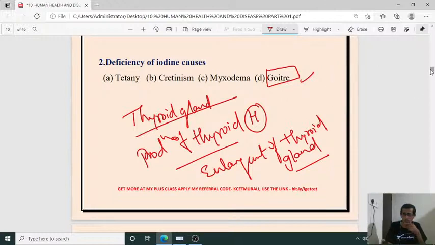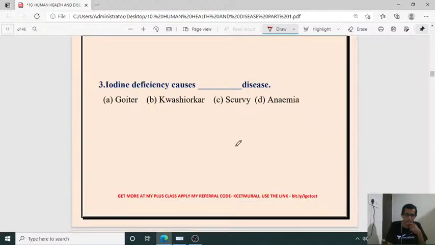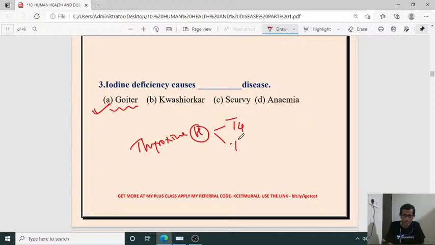Next question number 3. Iodine deficiency causes dash disease. It is the goiter. Here the thyroxine hormone, that is T4 and T3, tetraiodothyronine and triiodothyronine, is going to be reduced.